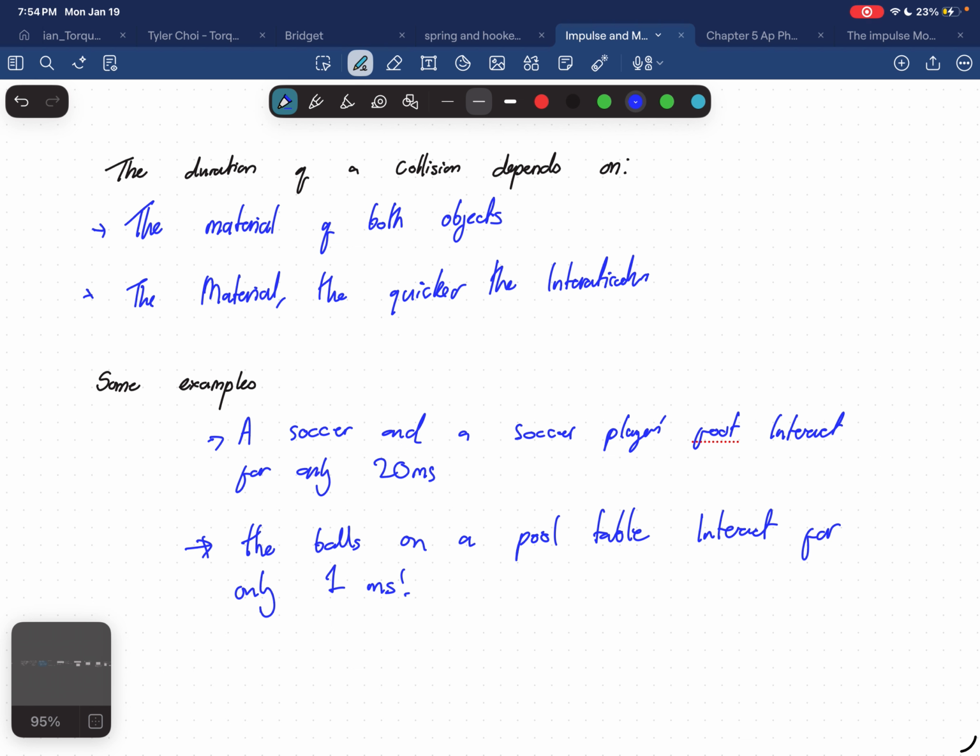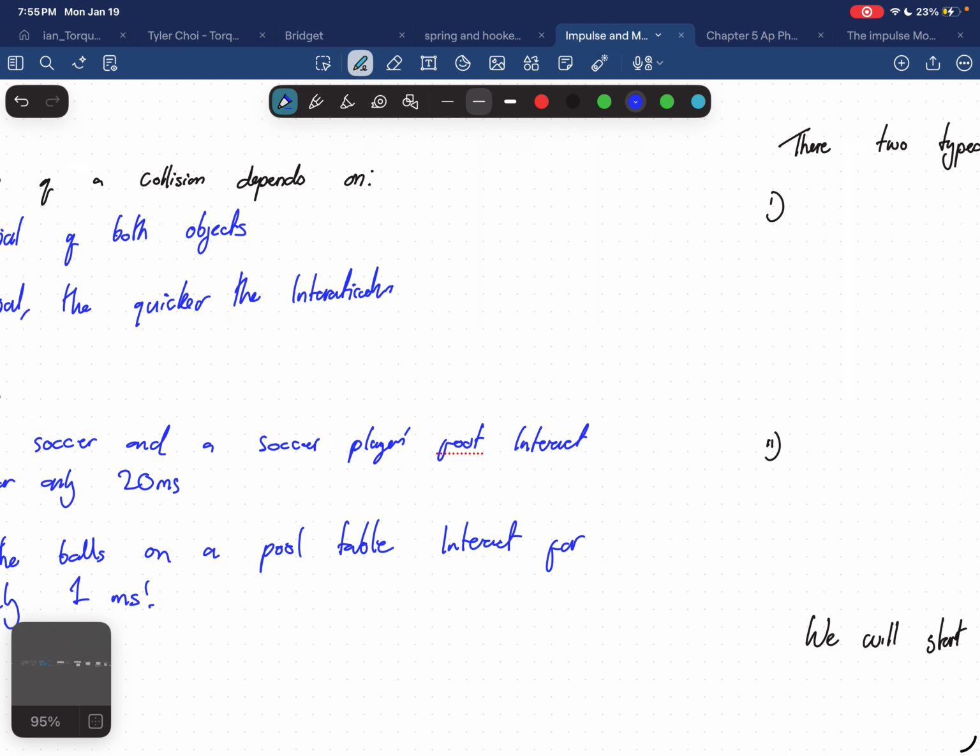So that's really just to give you some context around what we want from a collision, because in this section of the course, we'll really be trying to understand collisions.